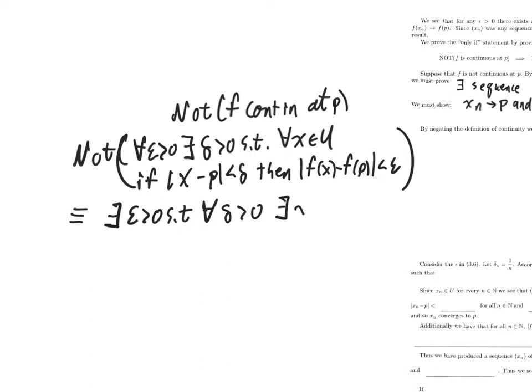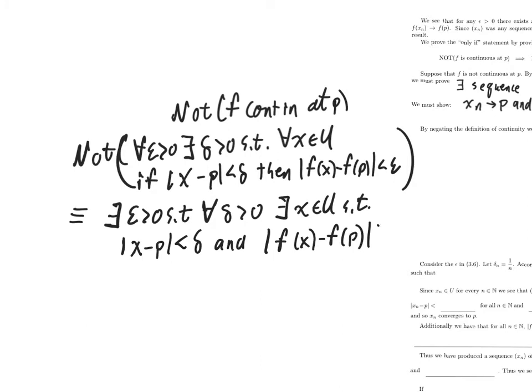There exists an x in U such that, negating an if-then, the hypothesis is true and the conclusion is false. That's the negation of an if-then. There exists an x in U such that the hypothesis is true, the absolute value of x minus p is less than delta, and the conclusion is false: the absolute value of f of x minus f of p is greater than or equal to epsilon.